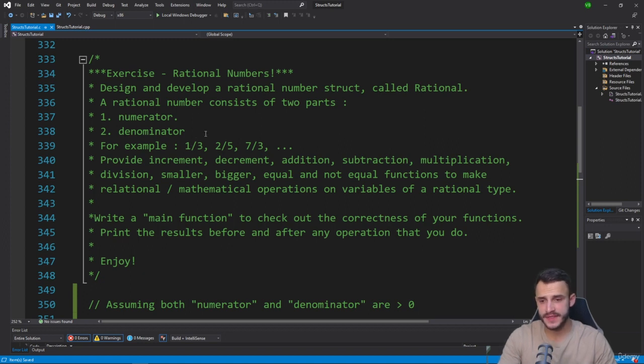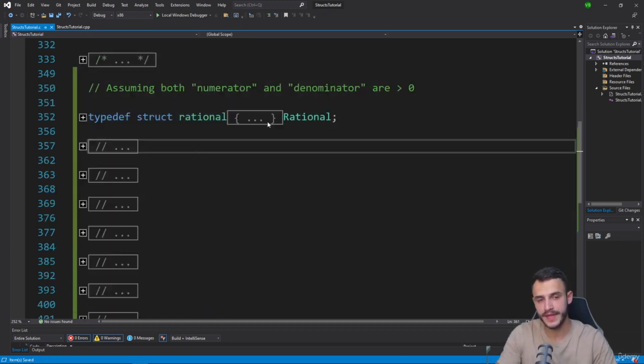And this struct should also simulate the operations, or basically not the struct itself, but for this point in time we will use separate functions that should get and work on various rational struct variables. So that's what we are going to do. And now let us start.